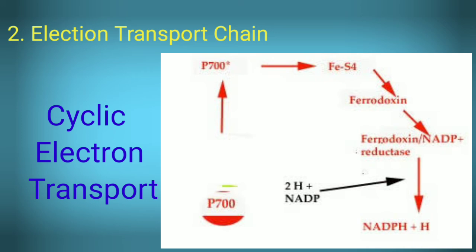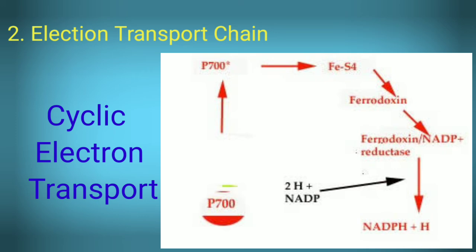This X molecule gets excited, and in order to release that high energy, it releases the electron, which is received by a protein factor called ferredoxin, written as FD.